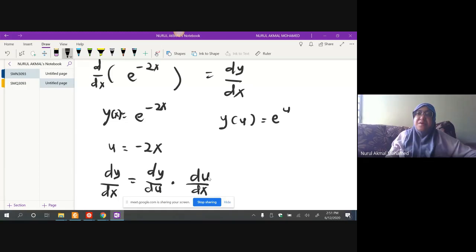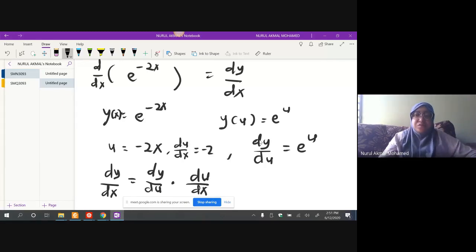You differentiate y with respect to u, so dy/du will be equal to e to the power of u. And du/dx is equal to negative 2.